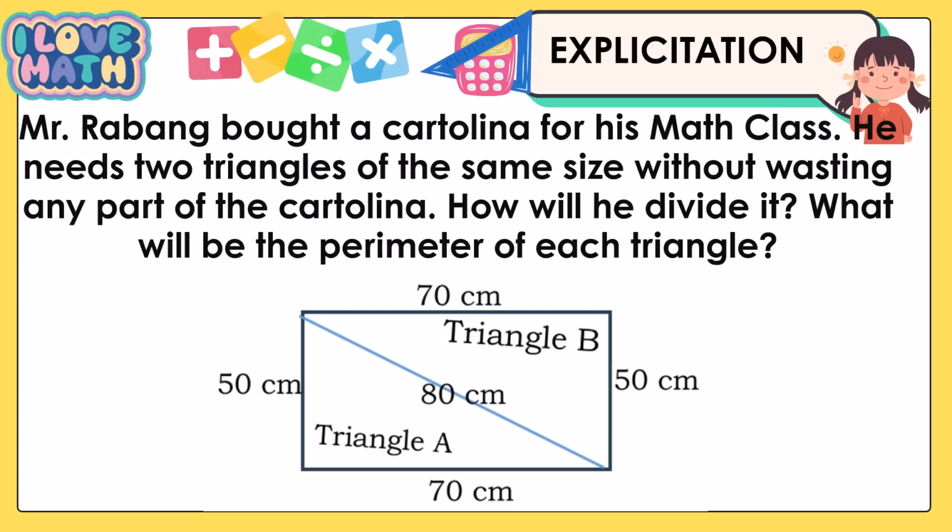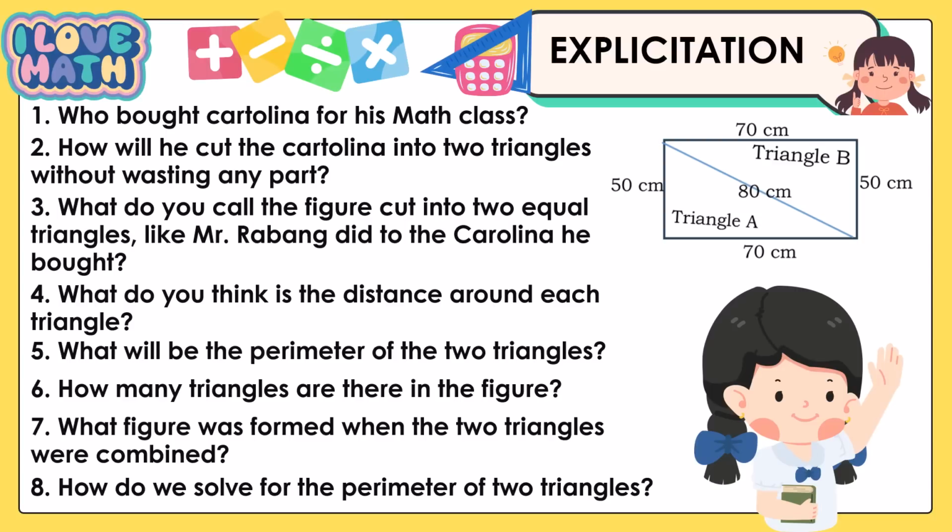He needs two triangles of the same size without wasting any part of the cartolina. How will he divide it? What will be the perimeter of each triangle? And here are the questions that you need to answer.